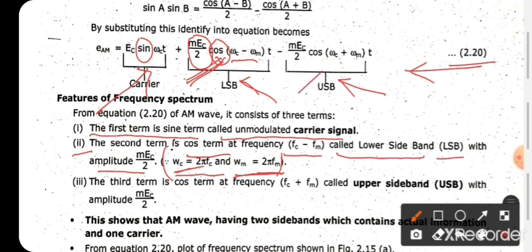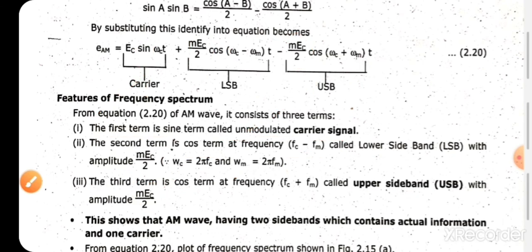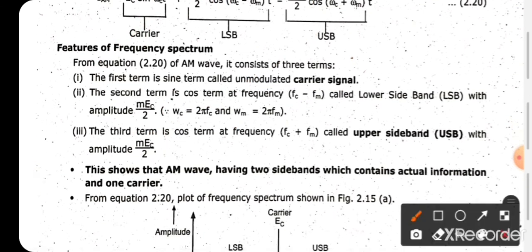Now the third one is the cos term at frequency fc plus fm. This is called the upper sideband with amplitude m EC upon 2. This shows that the amplitude modulated wave has two sidebands which contain the actual information, and one carrier.